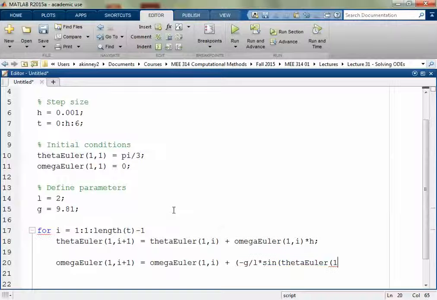And that's going to be the current value, so 1 comma i, times h, my step size.